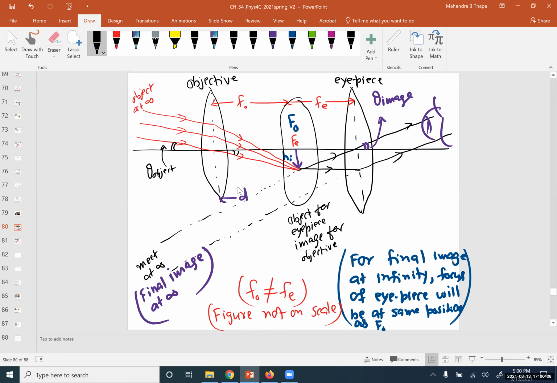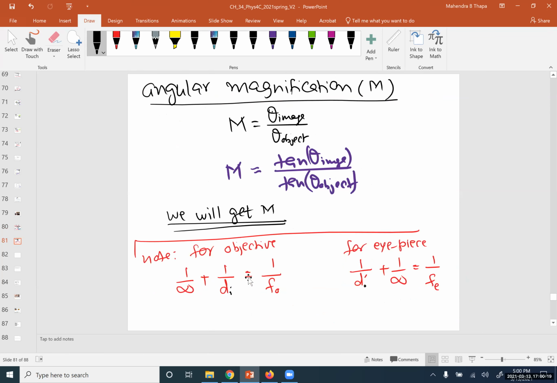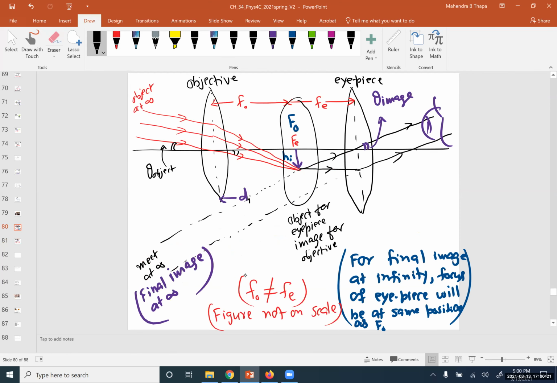In this picture, this will be DI, the image, and this will be the object.